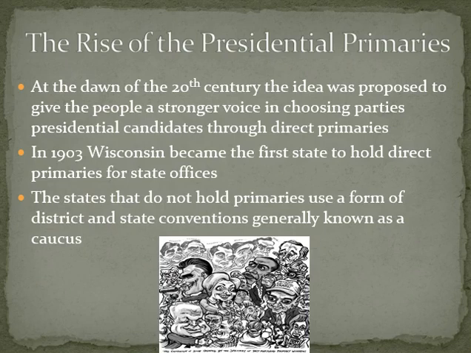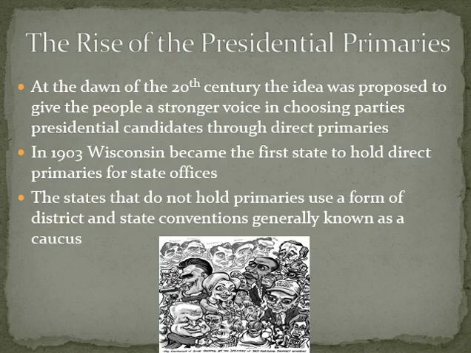At the dawn of the 20th century, they were trying to find a way to give the people more of a voice in choosing presidential candidates, because before it would be the upper class or those in the Senate and the House of Representatives. So they tried to give the people a stronger voice in choosing a party's particular presidential candidate. And they did that through direct primaries.